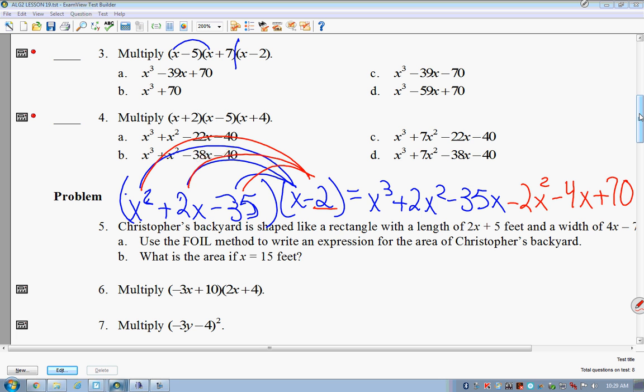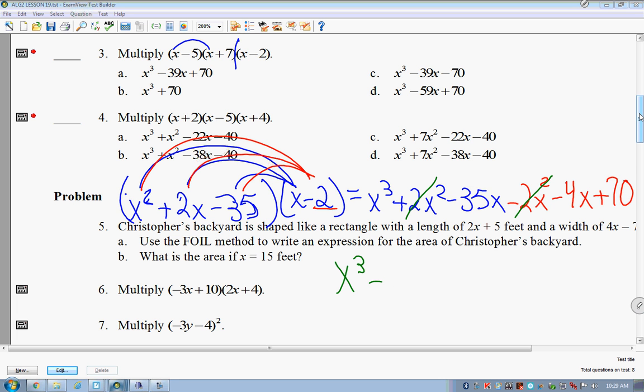Okay, and negative 2 times negative 35 should be positive what? Positive 70. Now I need to combine like terms across. Well, x cubed doesn't have anything, right? But what about 2x squared? What happens with those? They cancel out. Okay, so I don't have anything there. All right, but I do have a negative 4x, right?